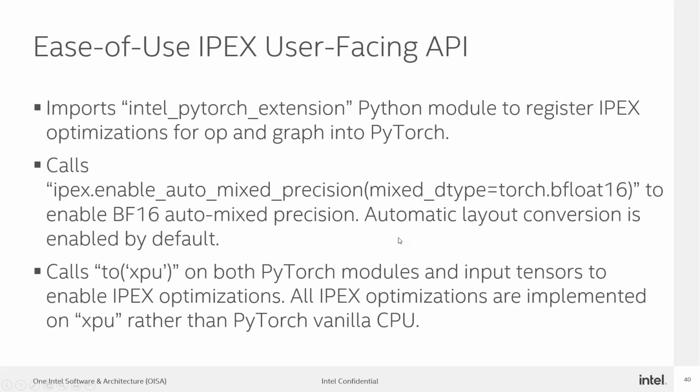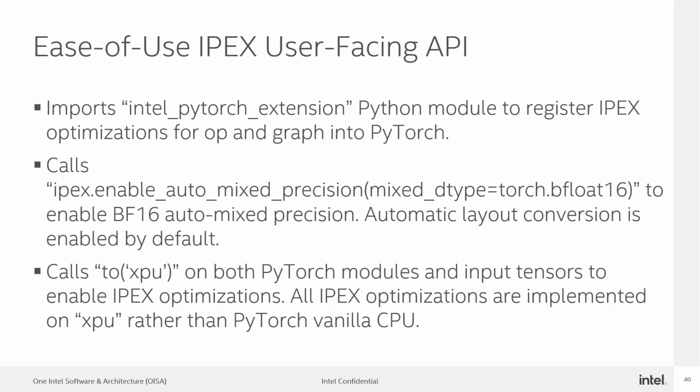We provide an easy-to-use IPEX user interface API for Python. What you have to do is first import intel_pytorch_extension, this Python module, to register IPEX optimizations for operator level and graph level into PyTorch. If you need to use bfloat16, then you need to call the ipex.enable_auto_mixed_precision function and set the mixed type to torch.bfloat16.